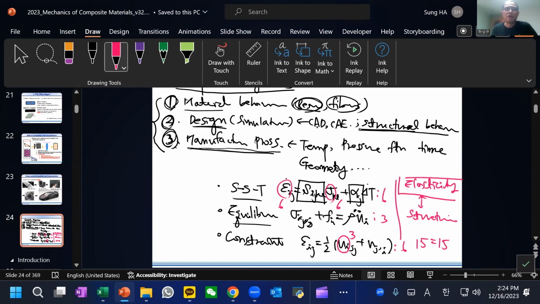So we have to deeply understand each of these. And then of course you can use the finite element method to handle this. All you need to do is specify the boundary conditions, and then the material property. That's it.